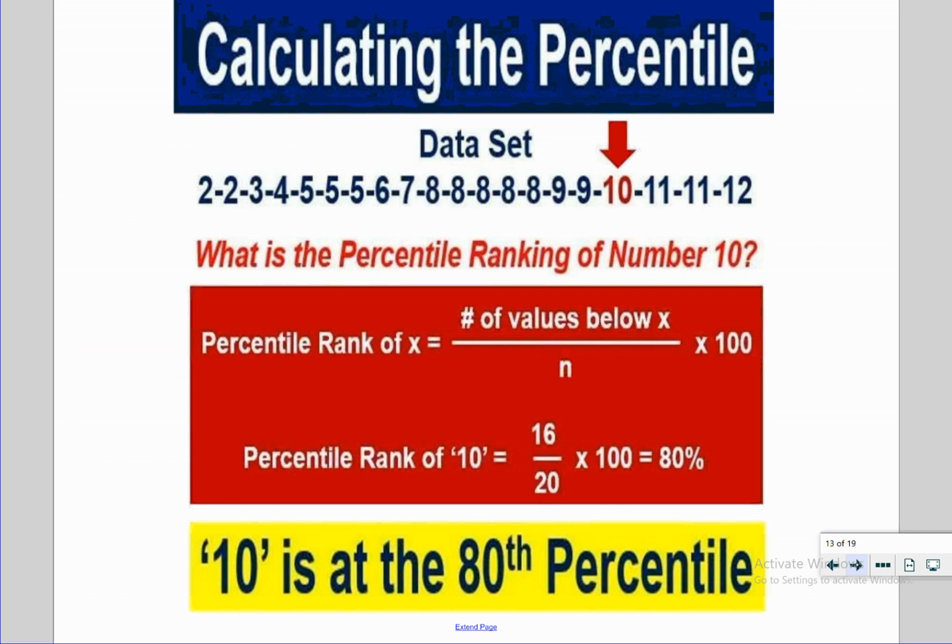The question that usually follows that is what percent of the data lies above 10? Well, if 80% lies below, that means I'm number 81, right? Imagine like 100 people in a line. If 80 are below me, I'm number 81.